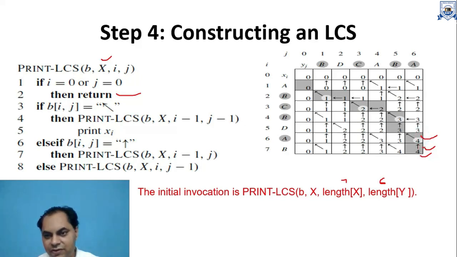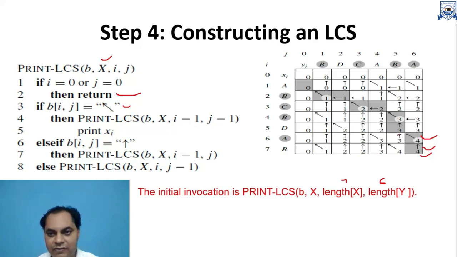Initial call was this, and now you have to call this. If b[i][j] is the diagonal arrow, then the next call would be b, X, i minus 1, j minus 1. What is the value? 7 6, so it would be 6 5.